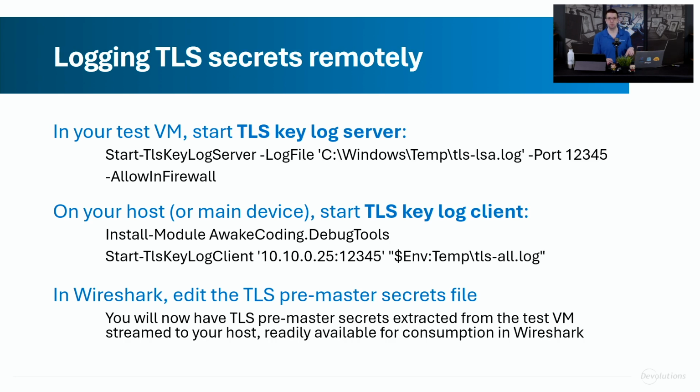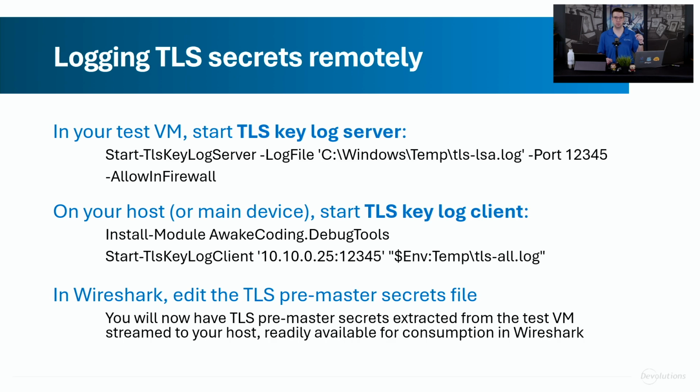On your host device, you can install the Awake Coding Debug Tools, and then type Start-TlsKeyLogClient with the IP and port of the machine and the destination file name that you want to use. Here, instead of C:\Windows\Temp, I use $env:TEMP, which is a different temporary directory for the current user, because you may have issues with file permissions if you try to use C:\Windows\Temp.